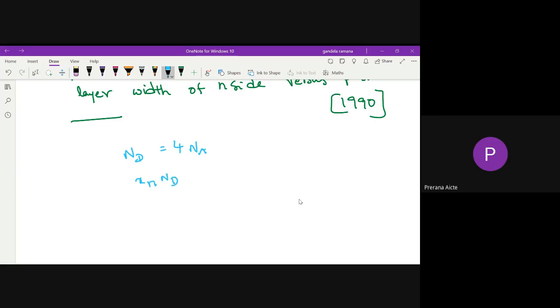Xn Nd is equal to Xp Na. Depletion layer width of the N side versus P side, Xn by Xp is equal to Na by Nd.